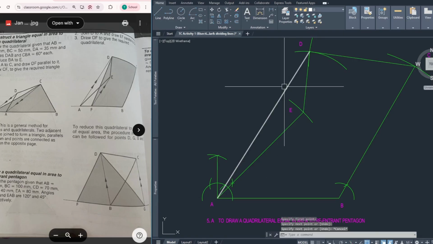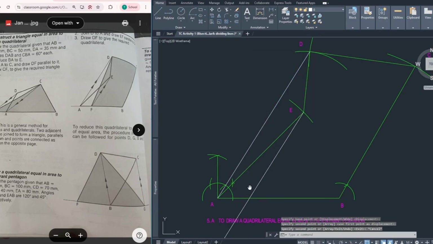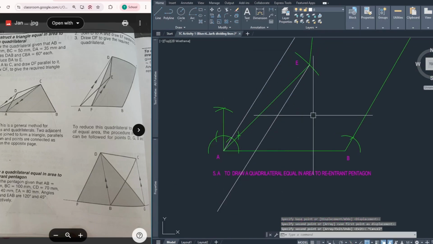Then now we need to establish a new parallel line, right? This line needs to be parallel to the one that we just drew from the point that is in the middle of the two. All right. And the point that is in the middle of the two would be at E. So copy, and it's parallel. So we didn't draw a line, we copied the previous line.